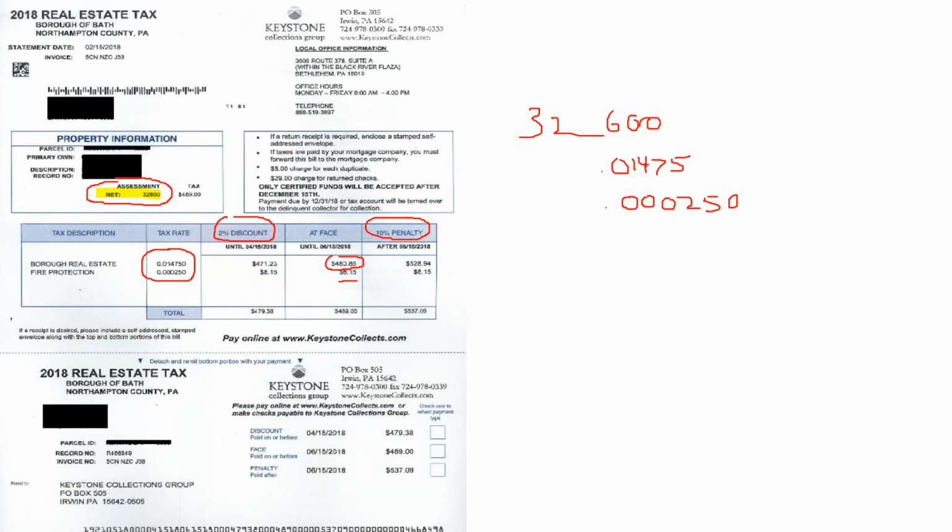So the total tax on this property at face value then is $489, given its assessed value of $32,600. And that's how it works for the Borough of Bath tax rate, and that's what the Keystone Collects tax bill looks like when you get it this spring. So we'll go on to the next example.